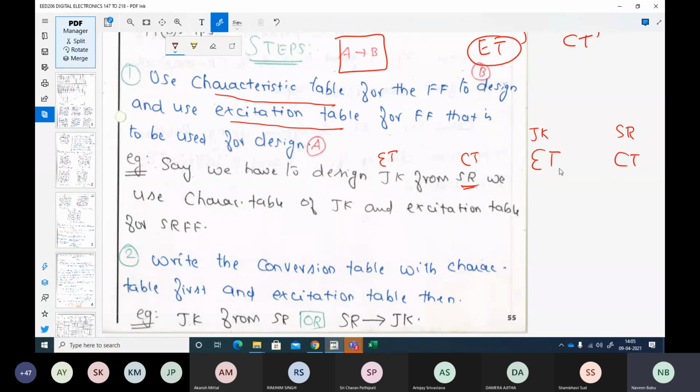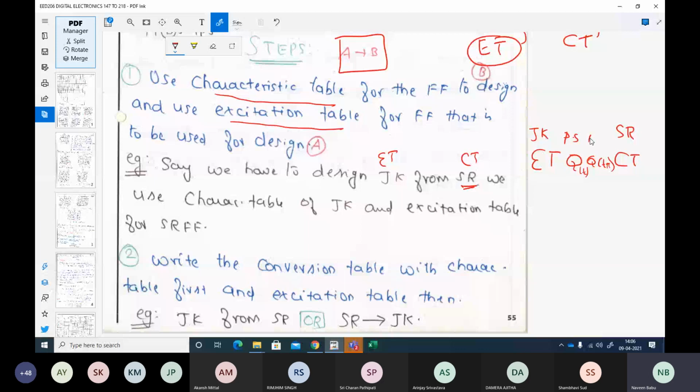To relate these two tables of two different flip-flops, you will require the present state and the next state of your flip-flop, Q of t and Q of t plus 1. This is what links both kinds of flip-flops.